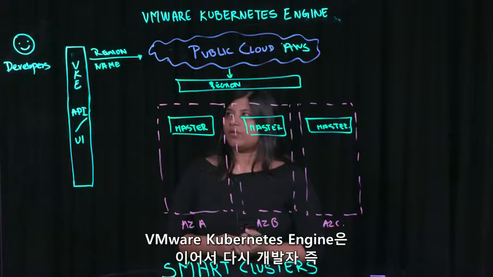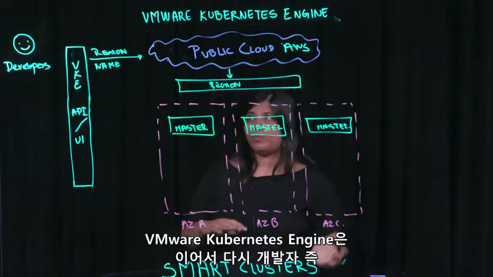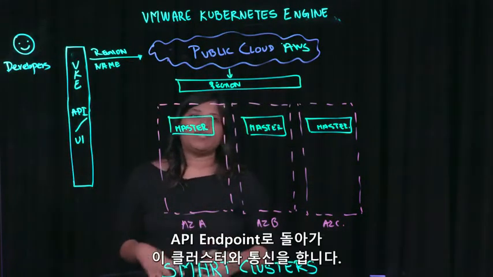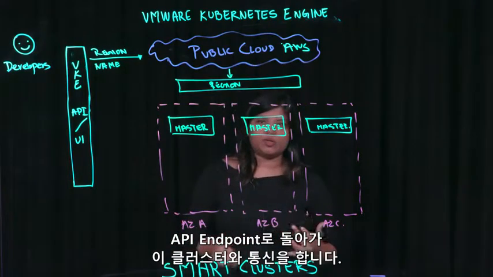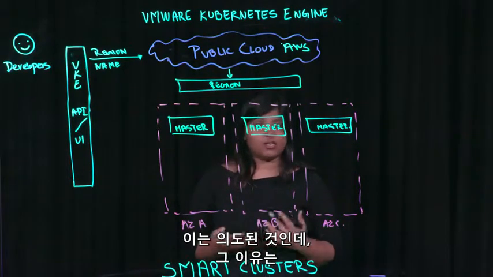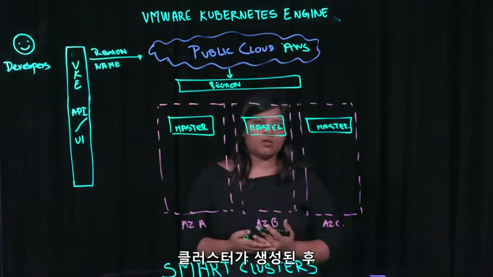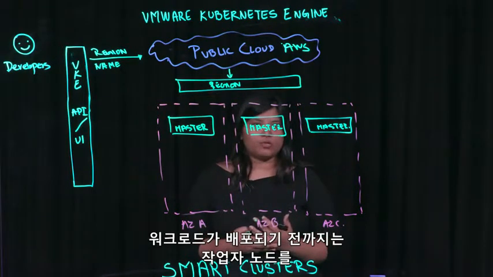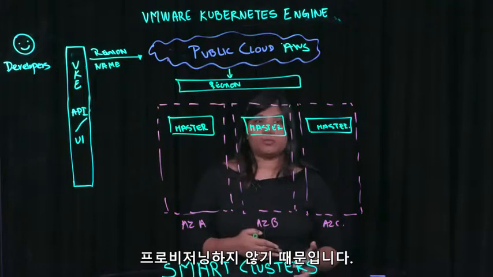VMware Kubernetes Engine will then give back the developer the API endpoint to talk to this cluster. At the start of a smart cluster, there are no worker nodes provisioned. This is intentional: as soon as a cluster is created, we don't start provisioning worker nodes until a workload is deployed.